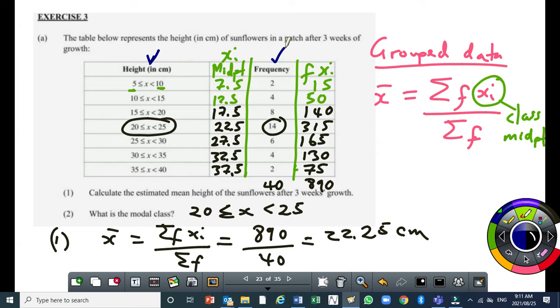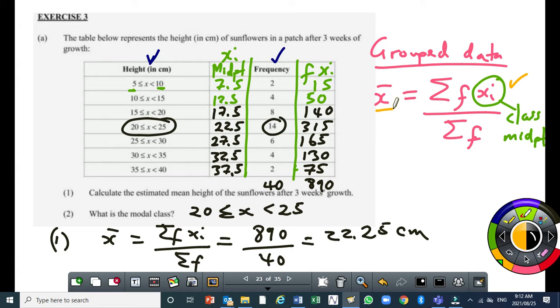If we want to calculate the mean, the formula is x bar equal to the sum of the product of each midpoint and each frequency divided by the total sum of the frequencies. That's what you are supposed to know.